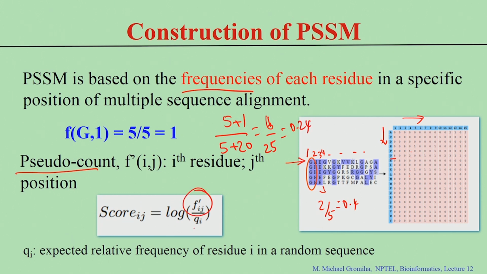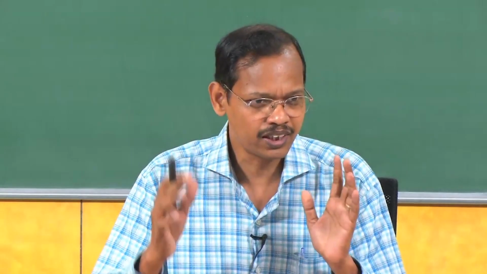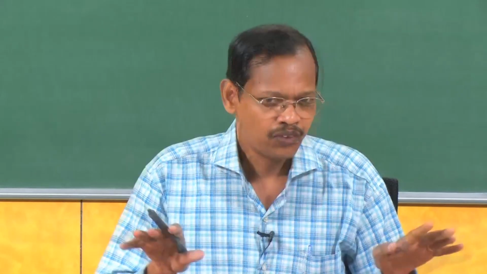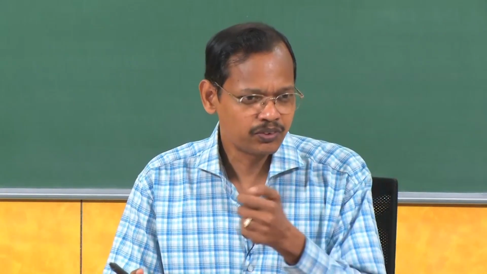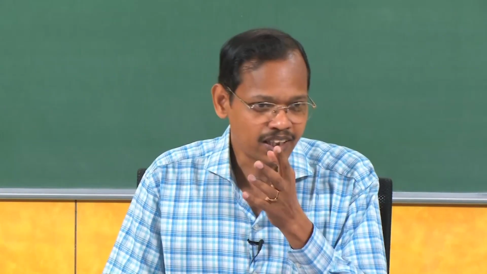Then they normalize with this qi. q is the expected frequency of a residue i at a particular position in a random sequence. What is the expected frequency of a particular residue i at a particular position, because all the residues are not randomly distributed in amino acid sequences? If all residues were randomly distributed, whatever sequence you take, each residue should have 0.05, but it is not the case.